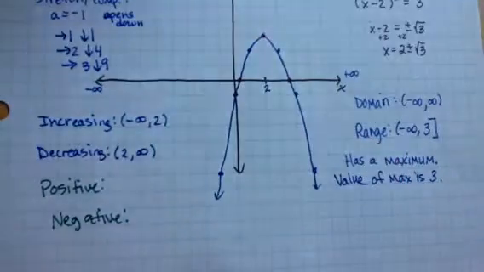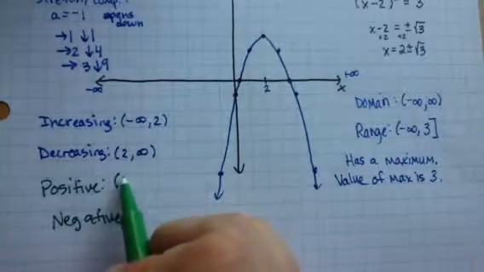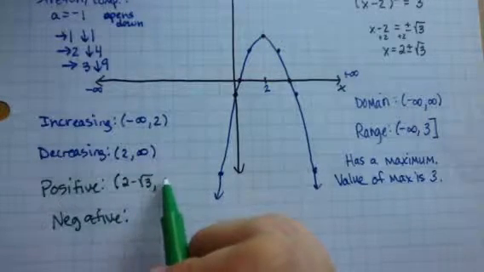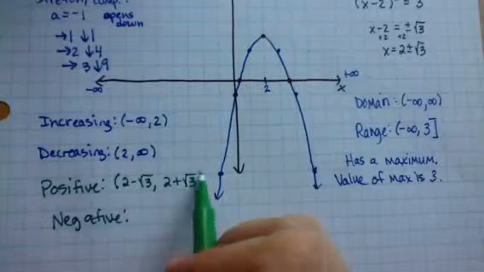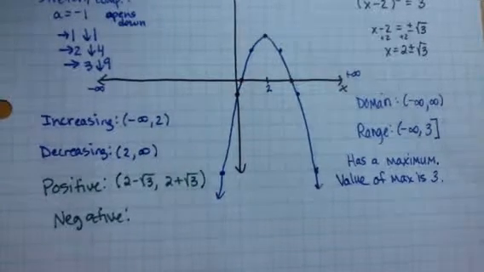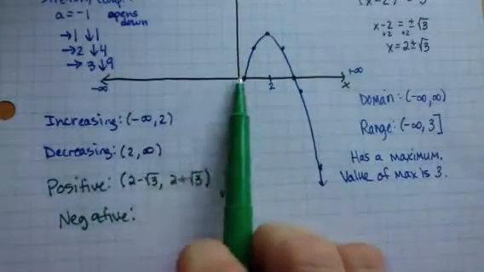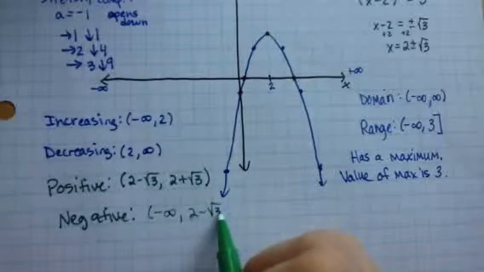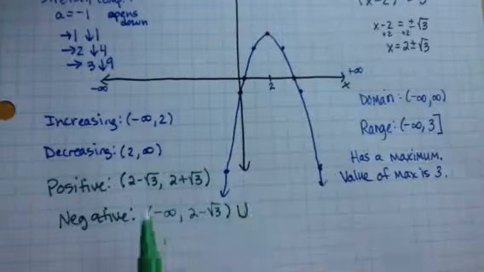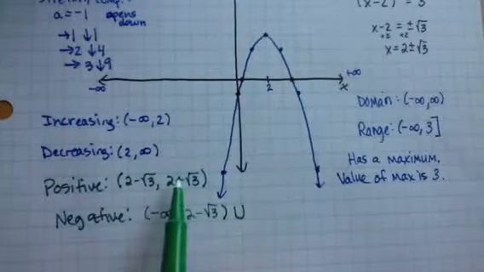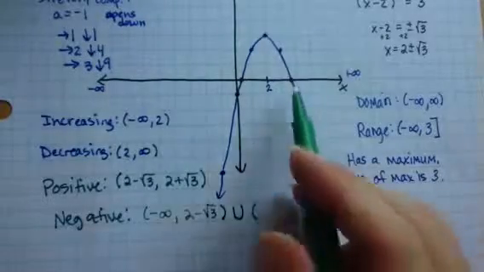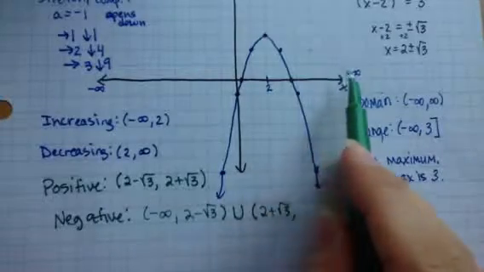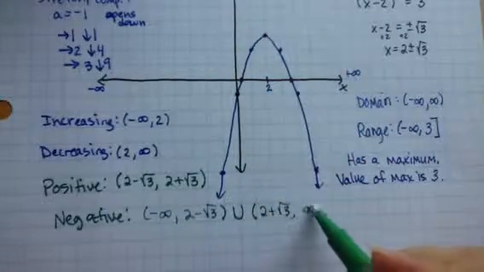So we'll say that it is positive from, I'm going to use the exact form, 2 minus the square root of 3, up until the x value of 2 plus the square root of 3. And then it's negative between negative infinity and that first x-intercept. So negative from negative infinity to 2 minus the square root of 3. And then in between the x-intercepts, it's positive. So then it's negative again from this x-intercept of 2 plus the square root of 3, all the way for the rest of the graph, so all the way over to infinity.